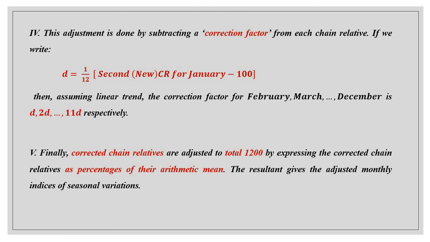So finally, the corrected chain relatives are adjusted to a total of 1200 by expressing the corrected chain relatives as a percentage of their arithmetic mean. The result gives the adjusted monthly indices of seasonal variation.